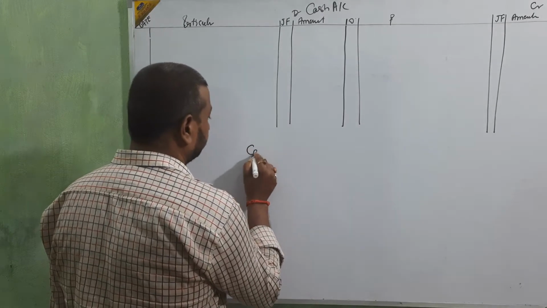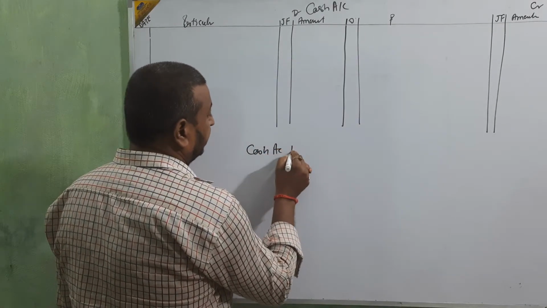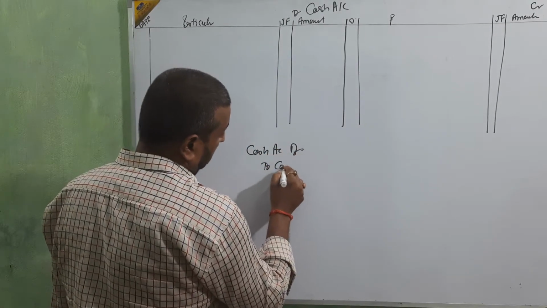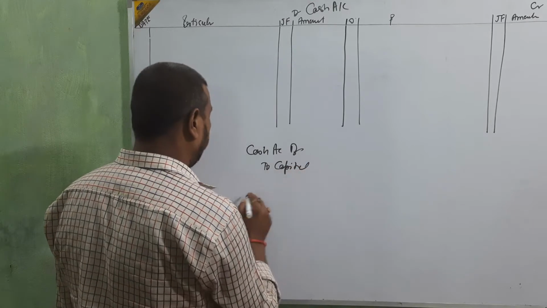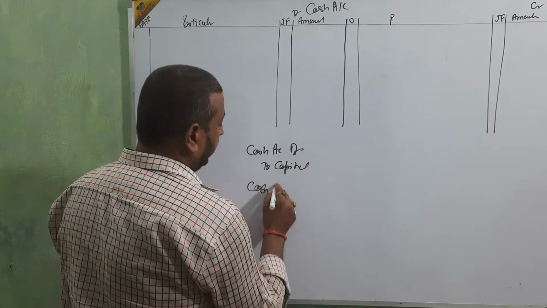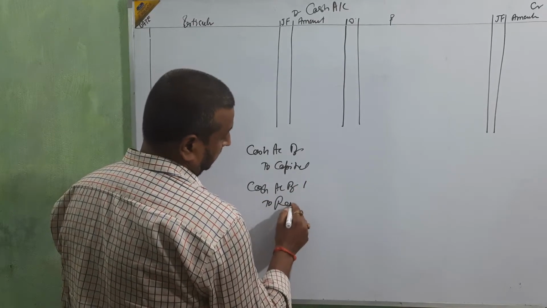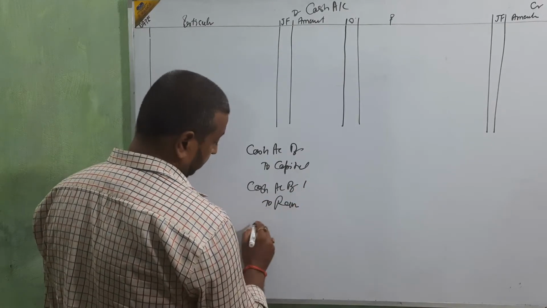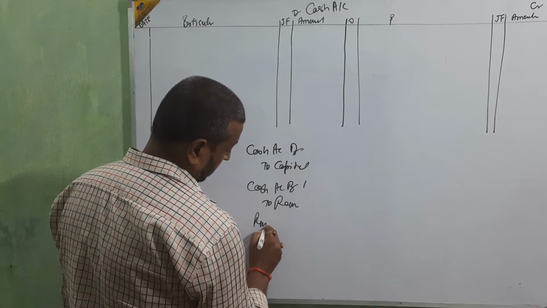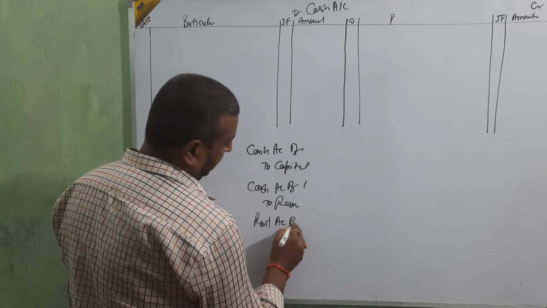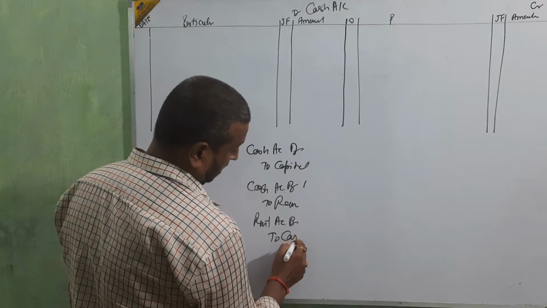First is cash account debit to capital. Second is cash account debit to Ram. Third is rent account debit to cash.